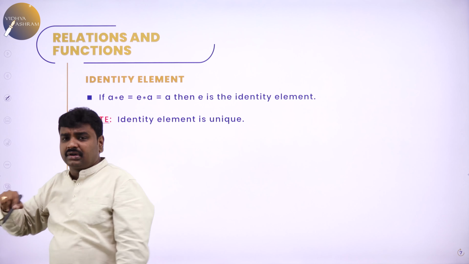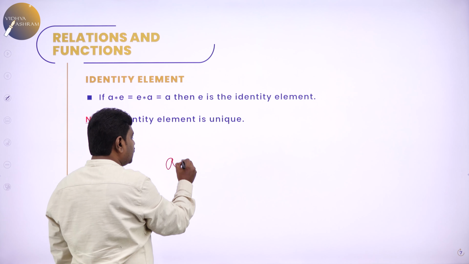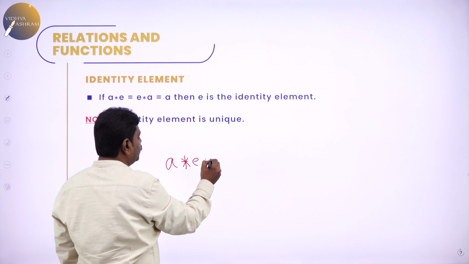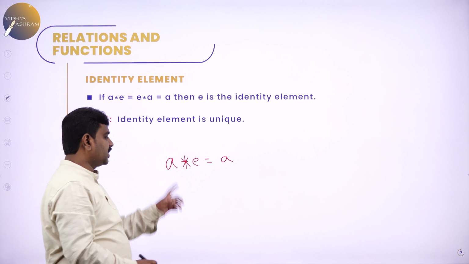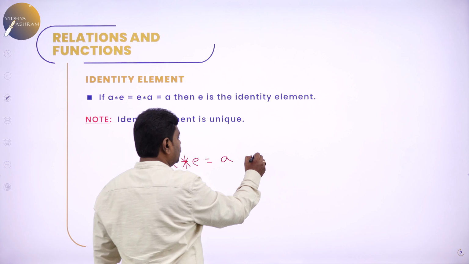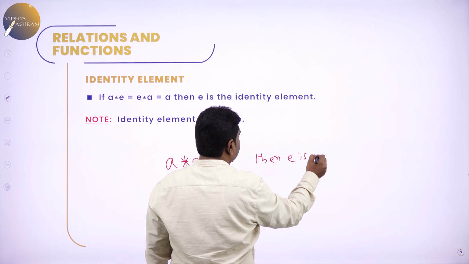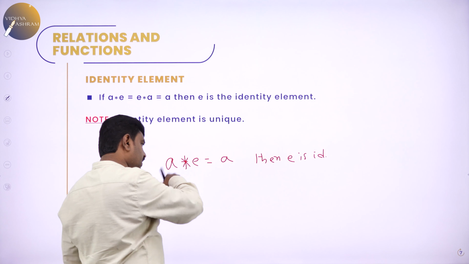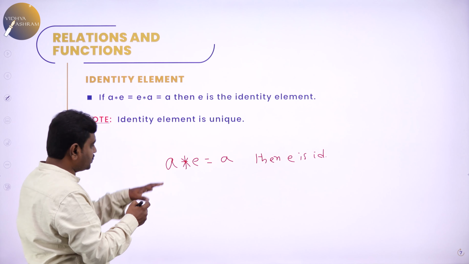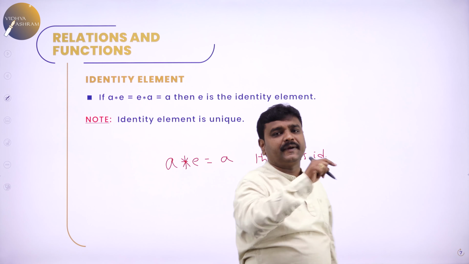In simple language, if I take A and operate on E, I should get back A, then E is identity. And if you do the operation in reverse, A star E or E star A, you should get A.